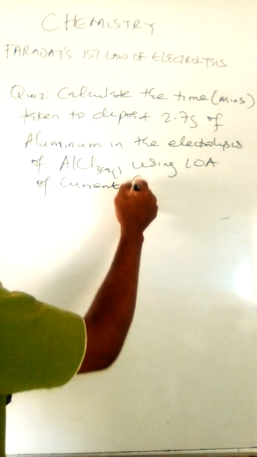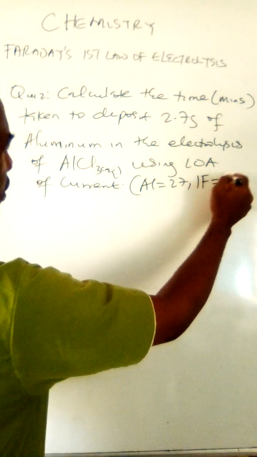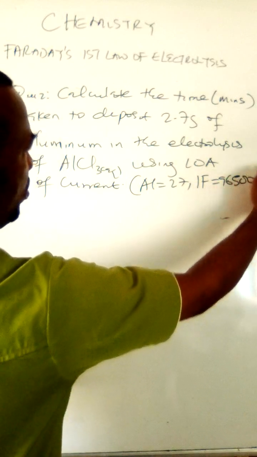And then we are given the atomic mass of aluminium as 27, and 1 Faraday as 96500 coulombs.